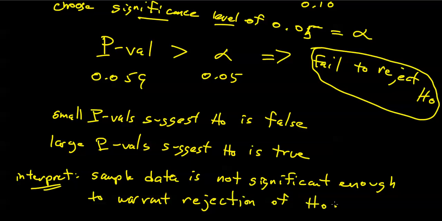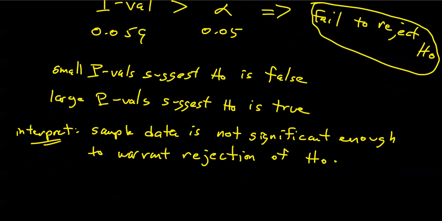So I have not overcome the burden of proof. I have not overcome the height of the hurdle that I needed to reject H0. Okay? Alright, so that is an example of a right-tailed test of proportion, a right-tailed hypothesis test regarding population proportions.